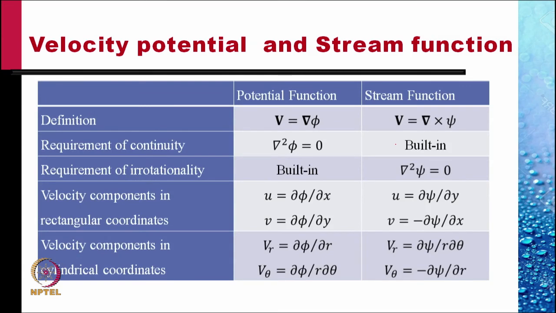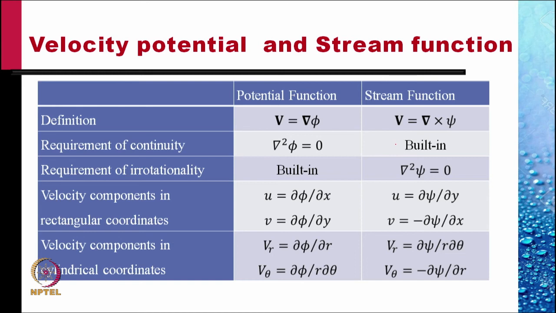To summarize the velocity, potential, and stream function once again, the definition of potential function is that V is equal to del phi. For the stream function, it is V is equal to curl of psi. The continuity requires the potential function to satisfy del square phi is equal to 0. This requirement is built into the stream function.